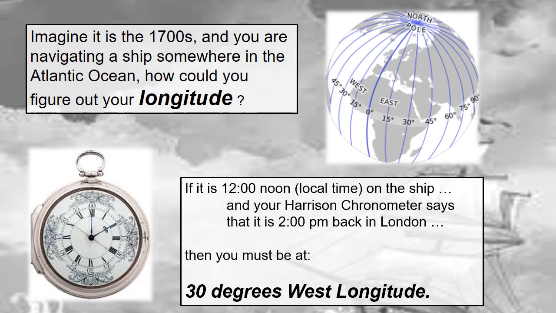There is a way to figure it out using phases of the moon, but you need a computer to do that. It turns out that the easiest way to fix your longitude is to look at the time difference, if you had an accurate clock that could keep time at sea.